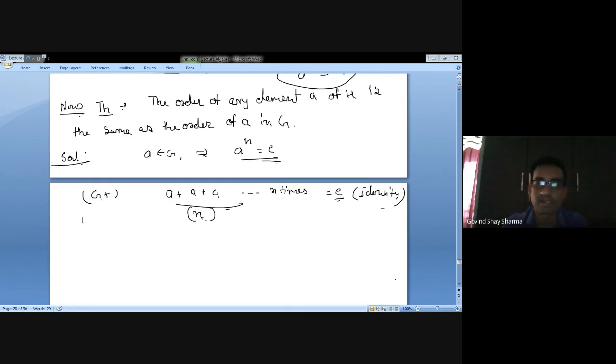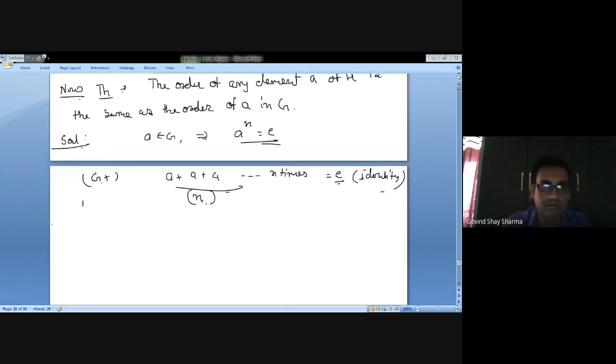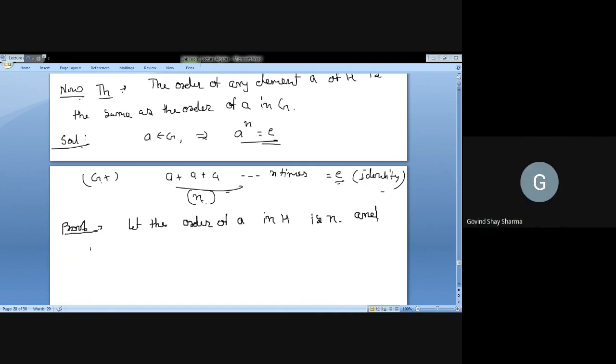Let us prove that the order of A in H and the order of A in G is the same.